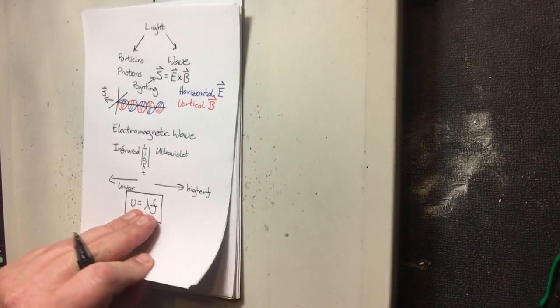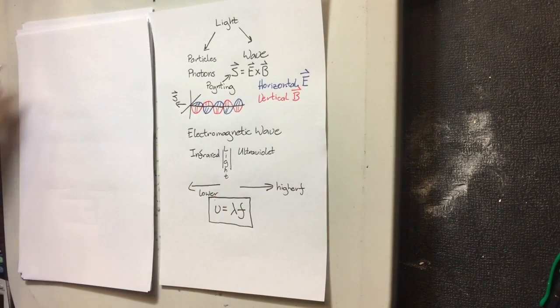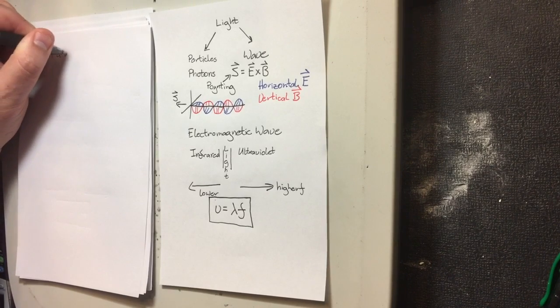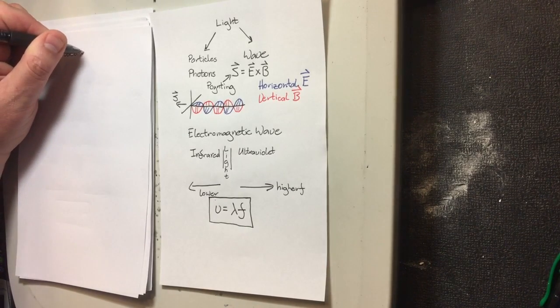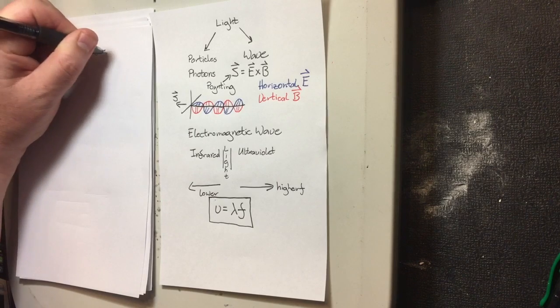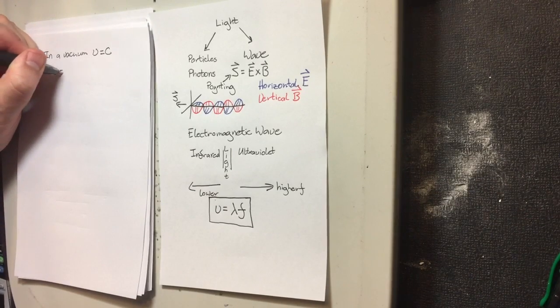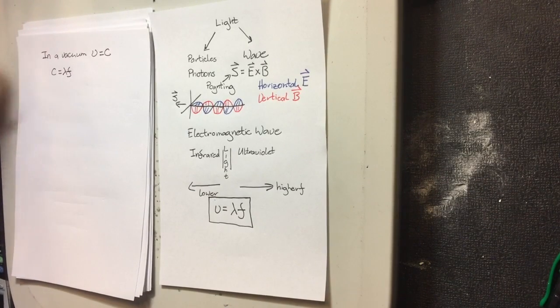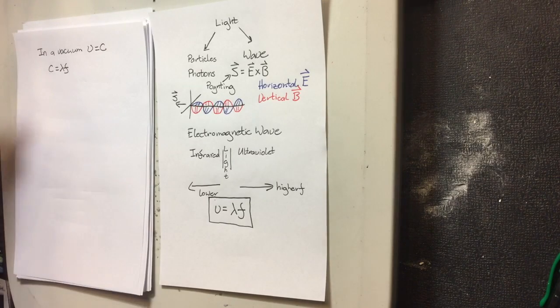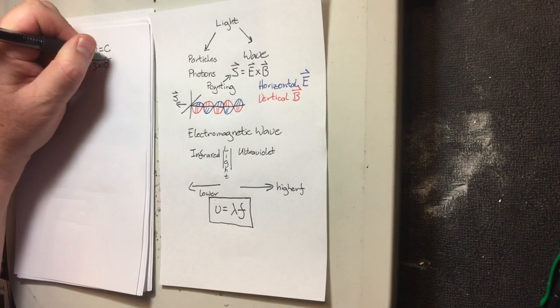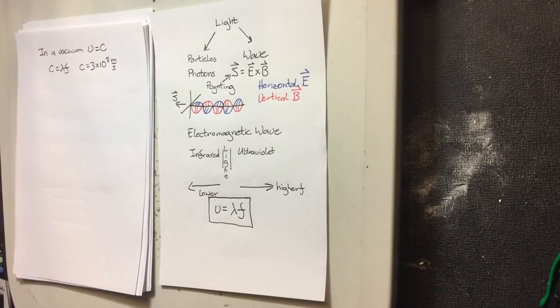So now, for most cases, in a vacuum, this V is equal to C. The electromagnetic wave is traveling at the speed of light, and so C is equal to lambda F, and C is equal to 3 times 10 to the 8th meters per second.